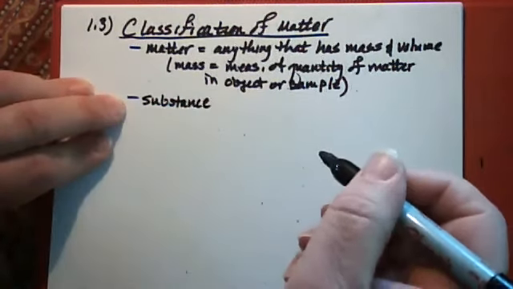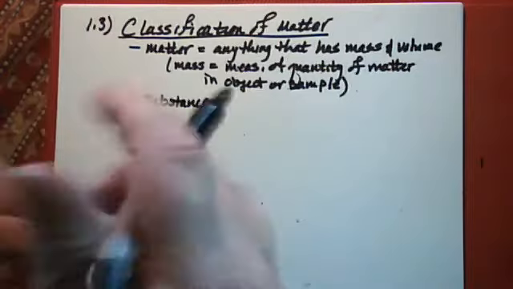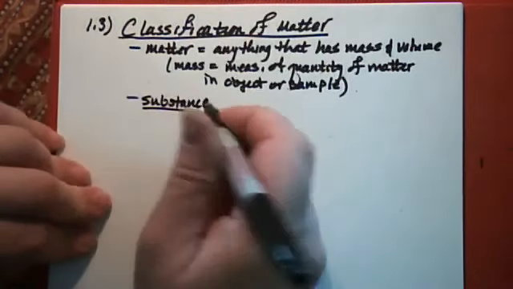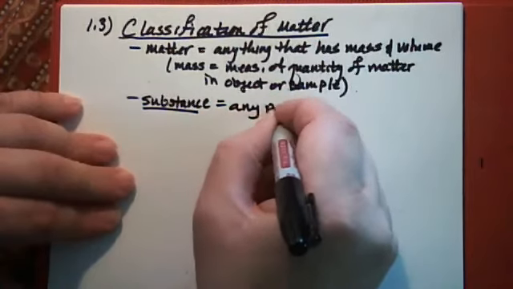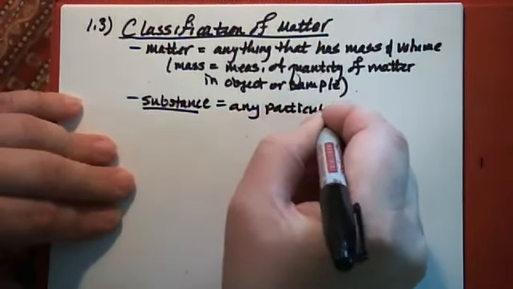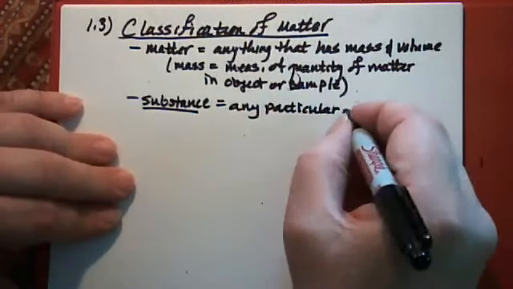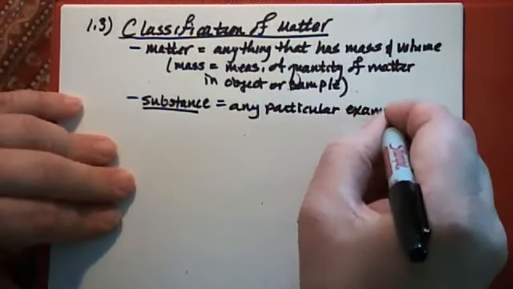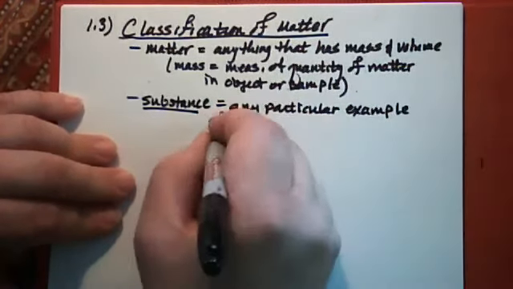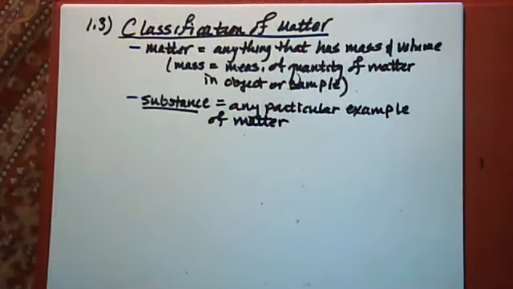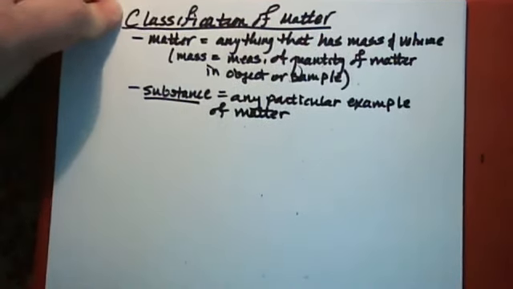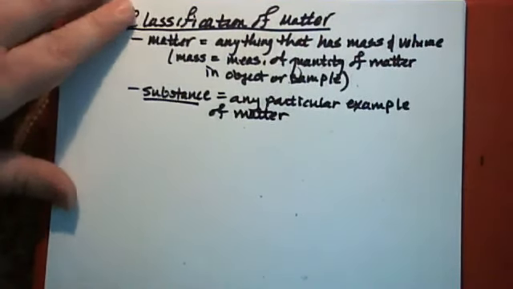A term that we haven't really seen yet is substance. That's an important term in chemistry. A substance is just any particular example of matter, so you can think of it as stuff.